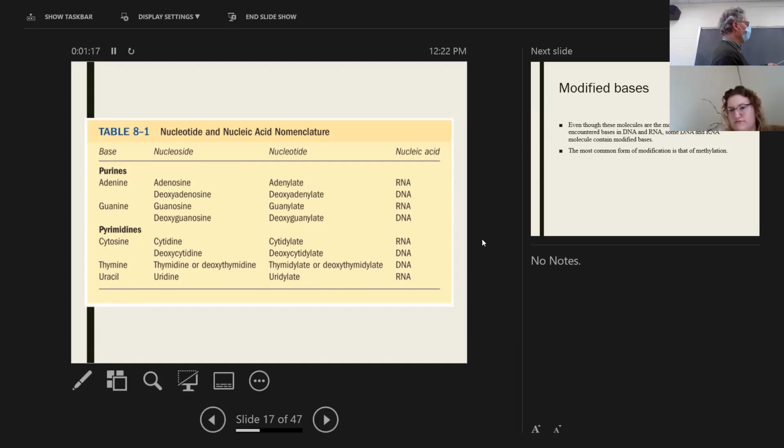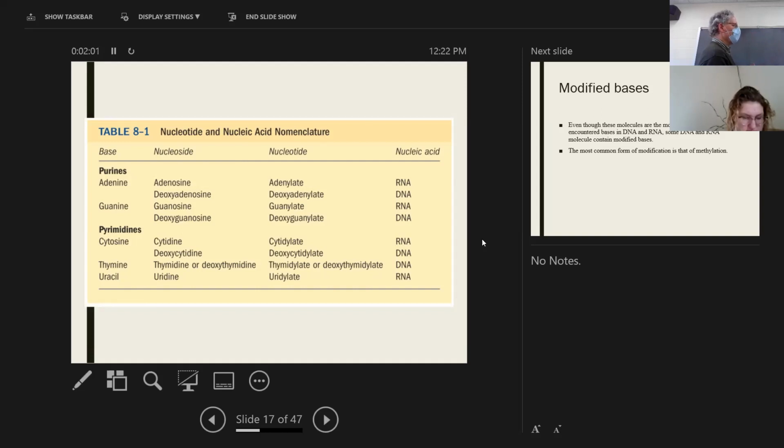If it ends in -sine, the purine, it is a nucleoside. Whereas if it ends in -ylate, then it's a nucleotide. So if you swap those two endings, it's either nucleotide or nucleoside. So adenosine, adenylate, then deoxyadenosine, deoxyadenylate, guanosine, guanylate, deoxyguanosine, deoxyguanylate.